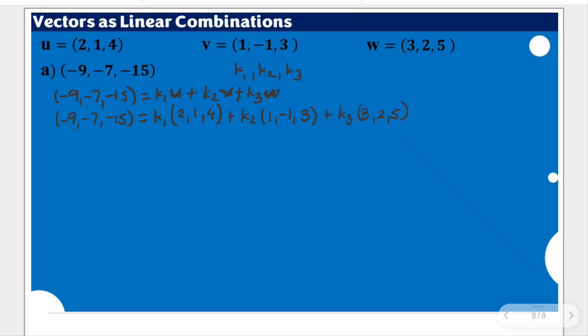We consider that k sub 1, k sub 2, and k sub 3 are all scalars, so we can use scalar multiplication on these three vectors here.